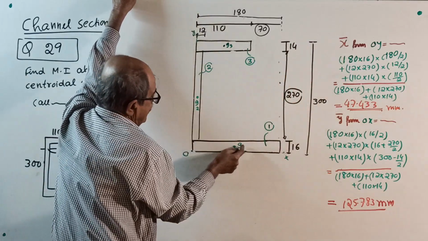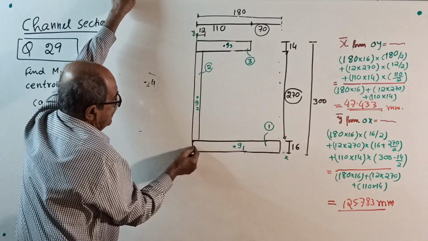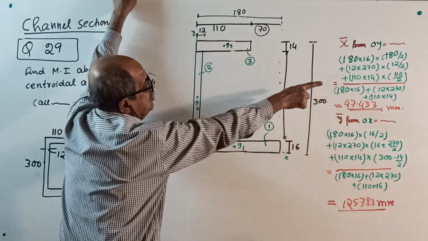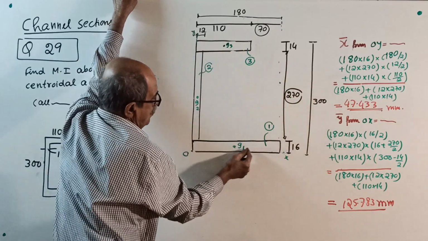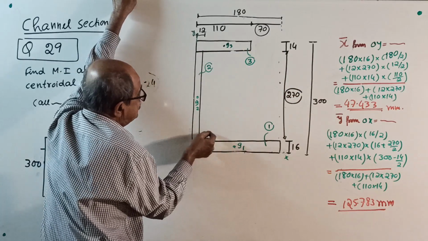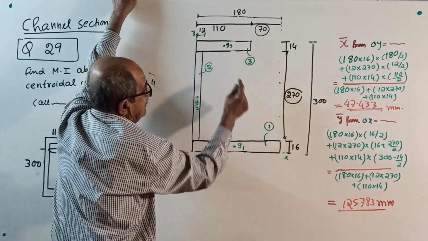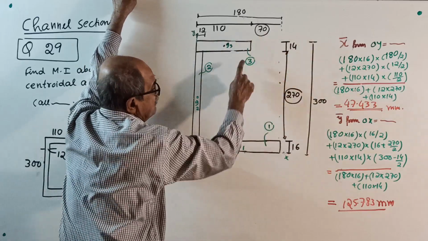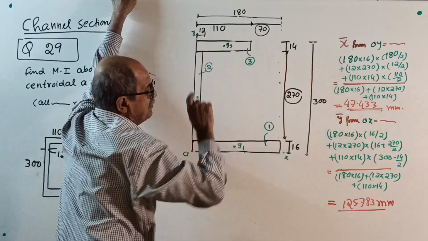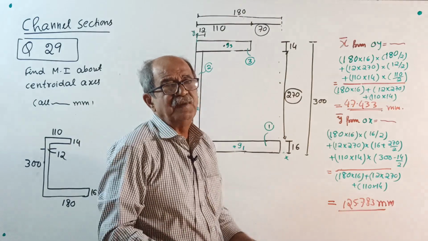A1, X1, 180 by 2, X2, 12 by 2, X3, 110 by 2. Y bar: Y1, 16 by 2, Y2, 16 plus 270 by 2, Y3, 300 minus 14 by 2, or 16 plus 270 plus 14 by 2. Get X bar, Y bar.